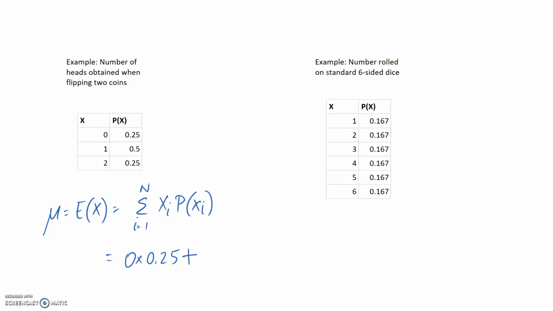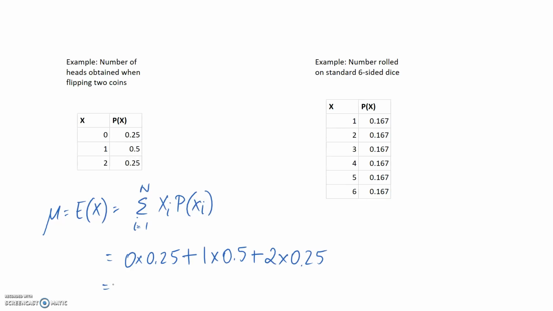So we put in a plus, and then i is equal to 2, or the second outcome, which is this line here. We've got 1 for x, and the probability of x is 0.5. Last one, because we've only got 3 possible outcomes, plus 2 is the value for x, and the probability of it is 0.25.